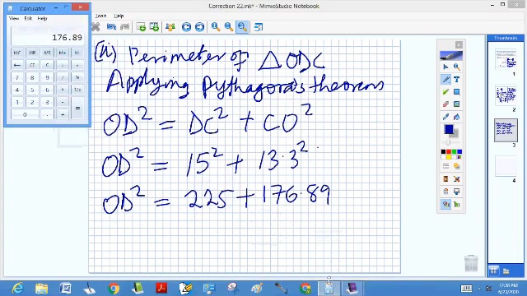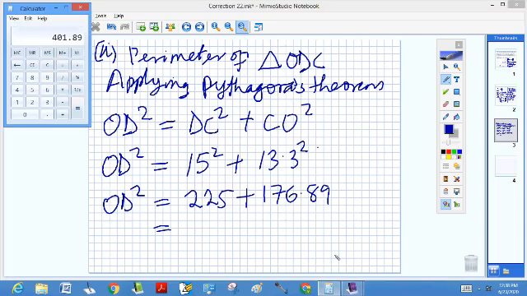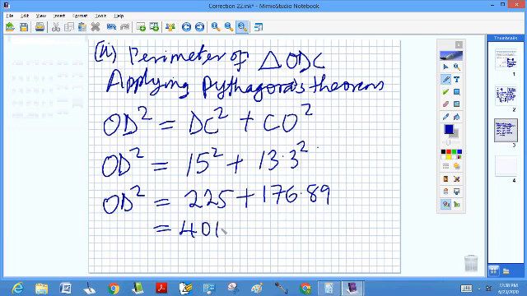Adding both together, we have 225 plus 176.89 equal to 401.89. So that OD is root 401.89.